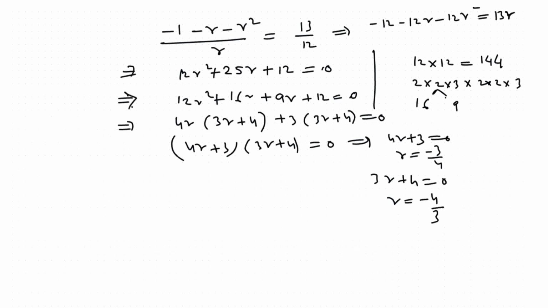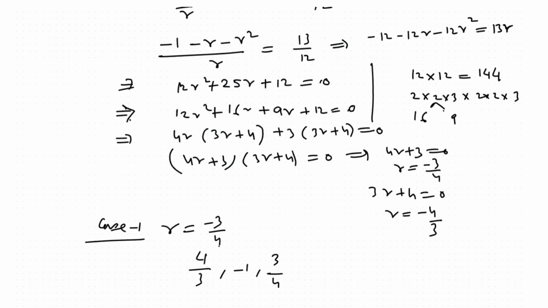So you get case 1. What is case 1? When r is equal to -3 by 4. So what would be your GP? Your GP would be -4 upon 3, comma -1, comma 3 by 4. What you need to do is simply put a as well as r, because now you have all the values.